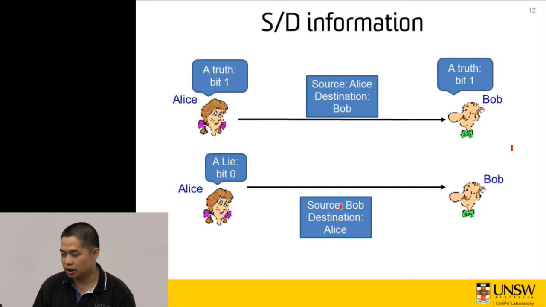He will see that the source and destination don't match what he received, because Bob, as the receiver, sees the destination as Alex. So he will know this is a lie from Alex, and that Alex wishes to establish a secret bit 0. That's how the source and destination side channel exchanges the secret bit, by just swapping the source and destination addresses.